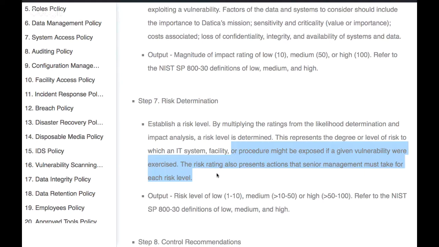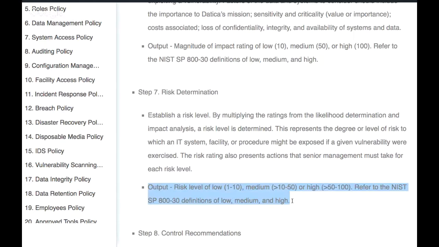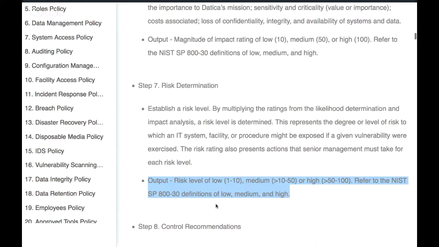The risk rating also presents actions that senior management must take for each risk level. Okay, so looks like output of this step will be risk level. What is the risk level? And the score, we have to get this score by looking at NIST SP 800-30 definitions for low, medium, and high.